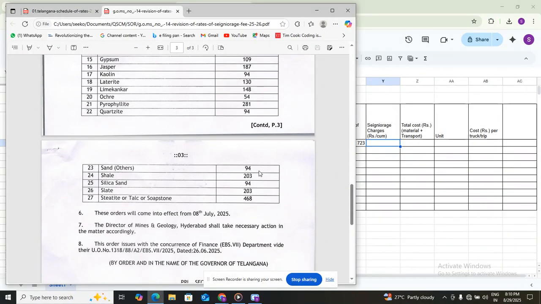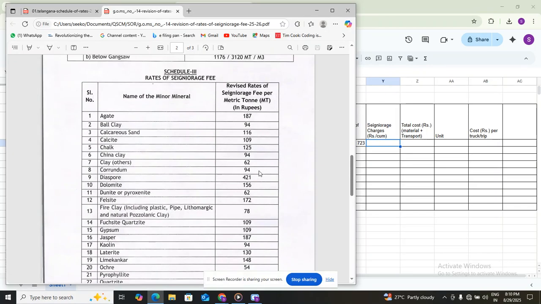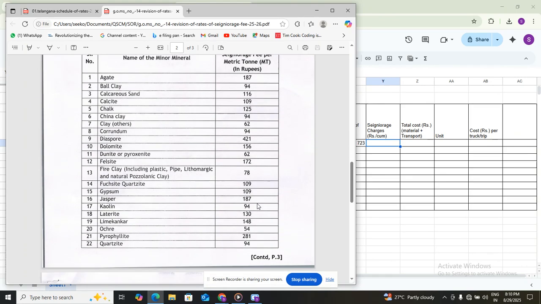Sand and others is 94 rupees per metric ton, the revised rate of the sewerage fees. They are collecting 94 rupees per metric ton. That's why we need to consider this separate table and calculate.